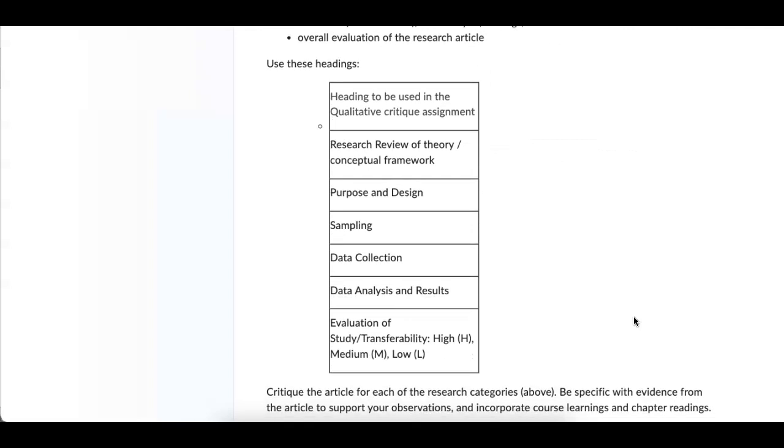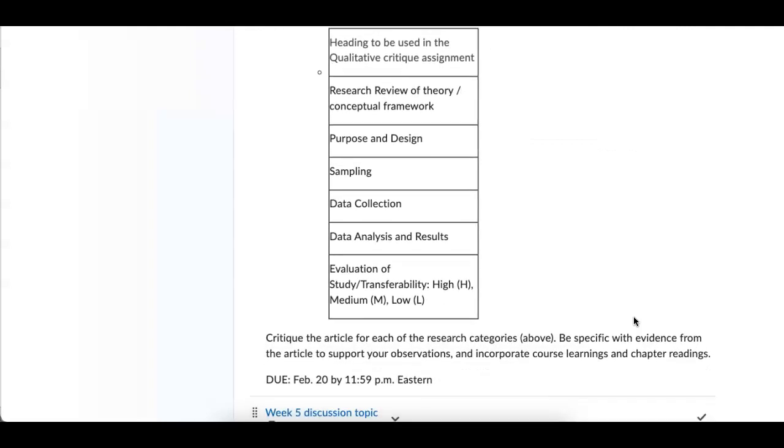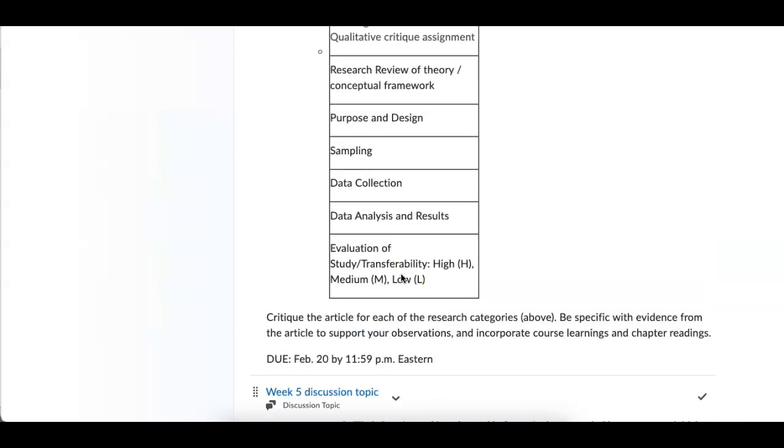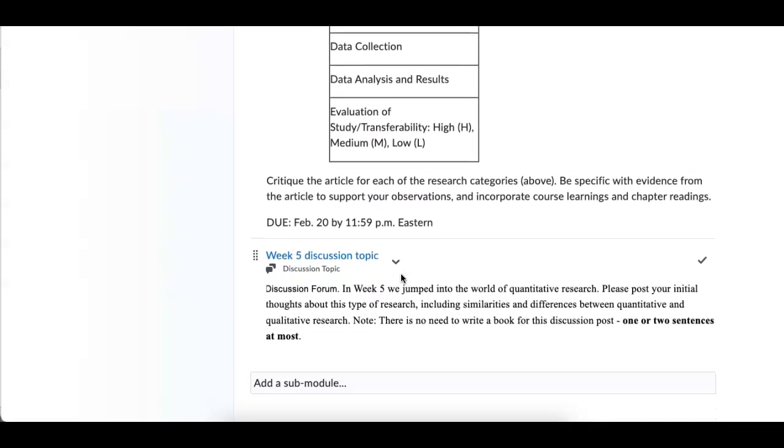In the meantime, I'll do this today or tomorrow: I'll put an exemplar or two out there, new exemplars, so you can see what somebody from another class did, and they gave me permission to post it. This is wrong. I have to correct that. This is February 19th. I corrected it up top, but not here, and I apologize.